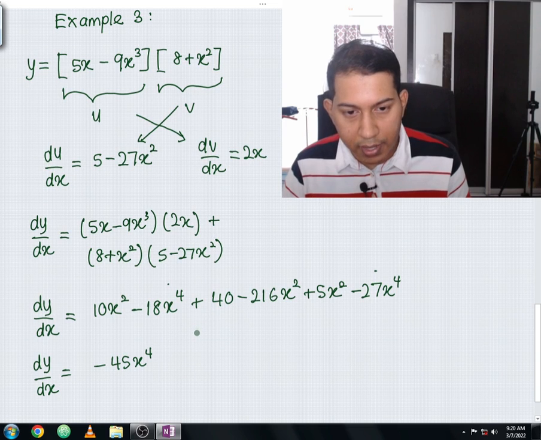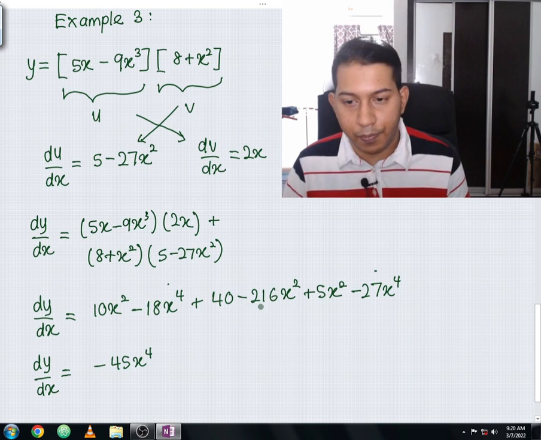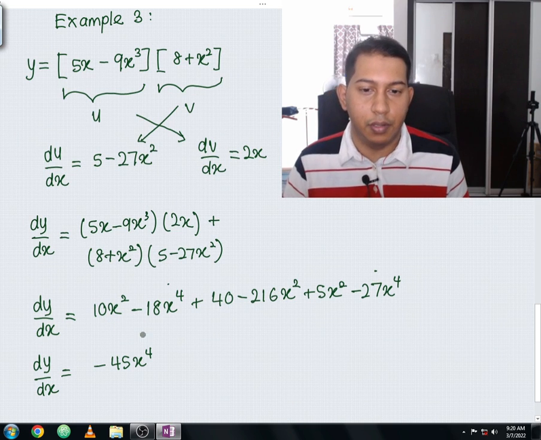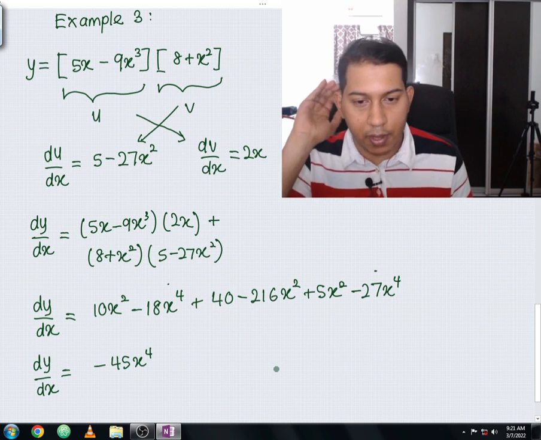Okay, and next, negative 216x squared, plus 10x squared, plus 5x squared.